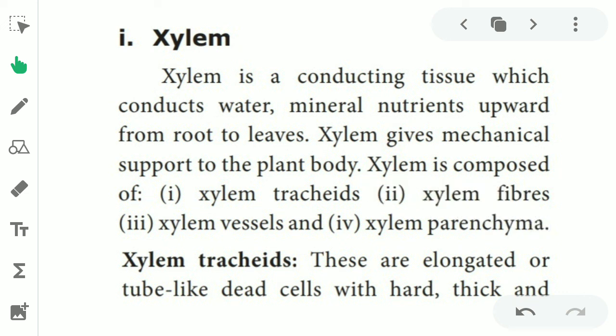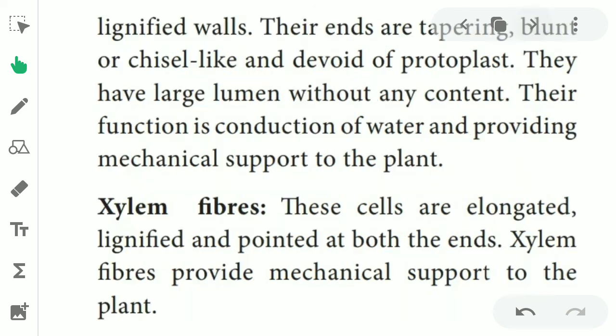Xylem is composed of xylem tracheids, xylem fibers, xylem vessels, and xylem parenchyma. First one, xylem tracheids. These are elongated, tube-like dead cells. Dead cells means they cannot divide. They are thick and lignified walled.